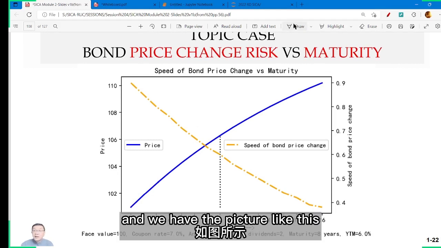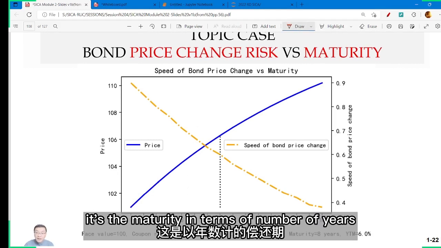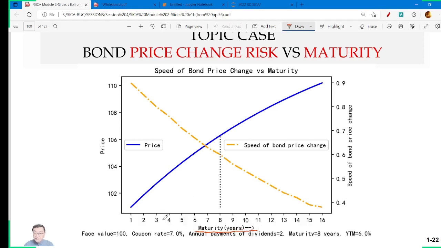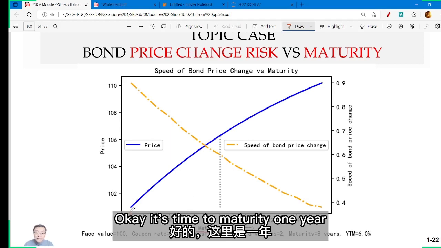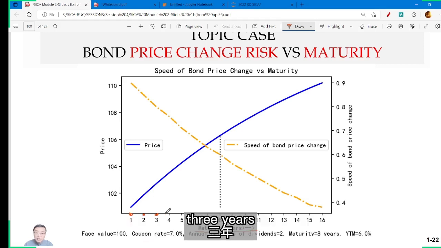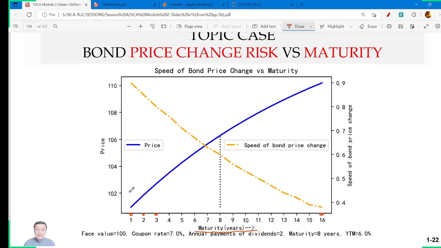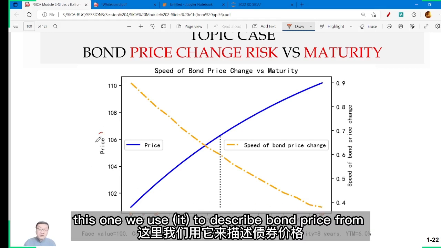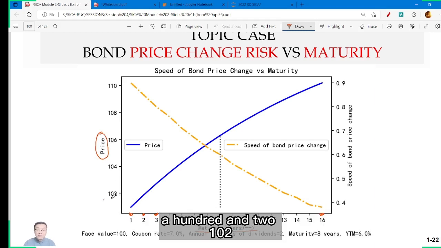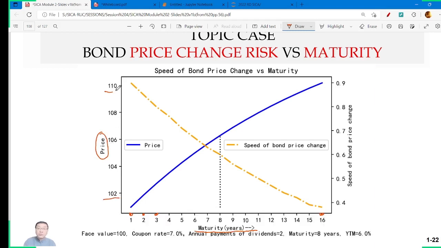And we have the picture like this. It's the maturity in terms of number of years. Okay, it's time to maturity 1 year, 2 years, 3 years, until 16 years. And here we have 2 vertical axes. This one we use to describe bond price, okay, from 102 to 110.